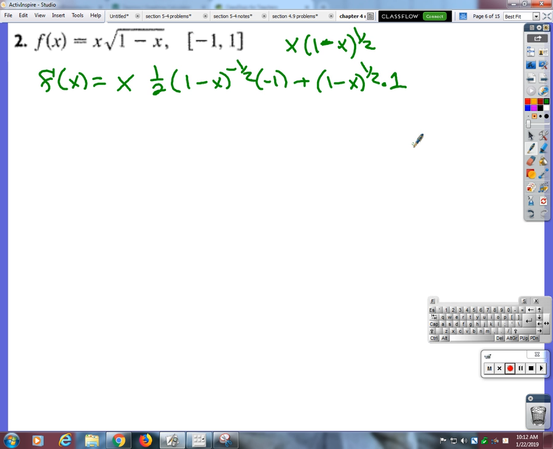All right, so this is a little bit tricky one to solve. This first part is negative x over 2 times root 1 minus x plus square root of 1 minus x.